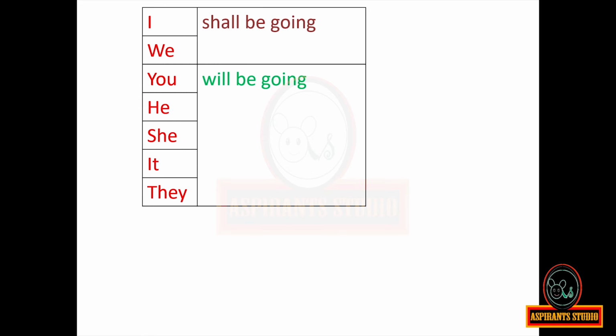The auxiliary verbs shall and will are used in simple future tense, and the be verb is used in between the auxiliary verb and the present participle.